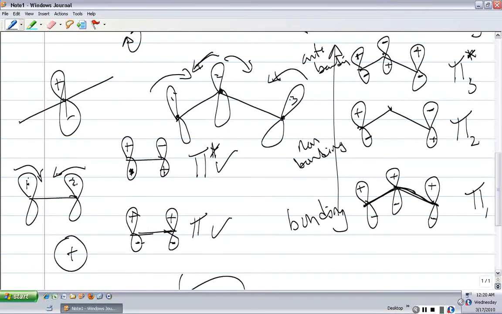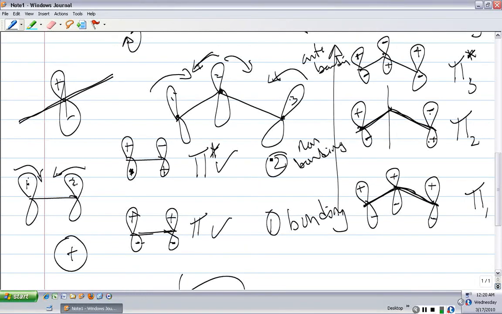This is what's called the obligatory node, the mandatory node. So pi 1 has one node. Pi 2 has two nodes. There is the node that is obligatory in the molecular plane. And then there is another node here, about which plus goes to minus, and minus goes to plus. In pi 1, pi 2, and guess what? 3 nodes in pi 3.